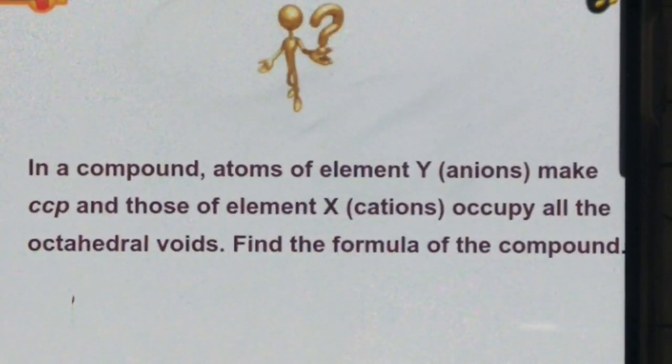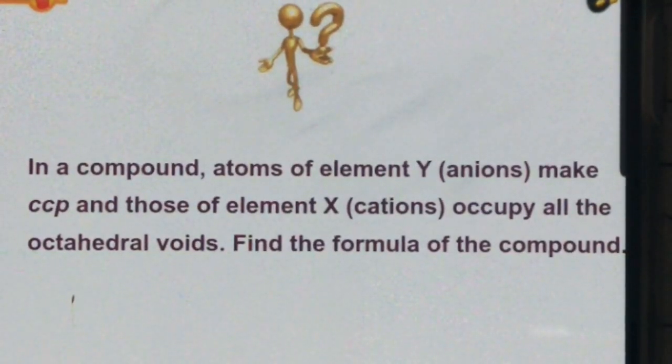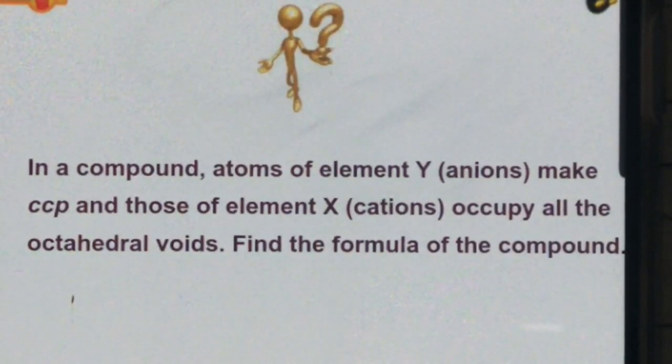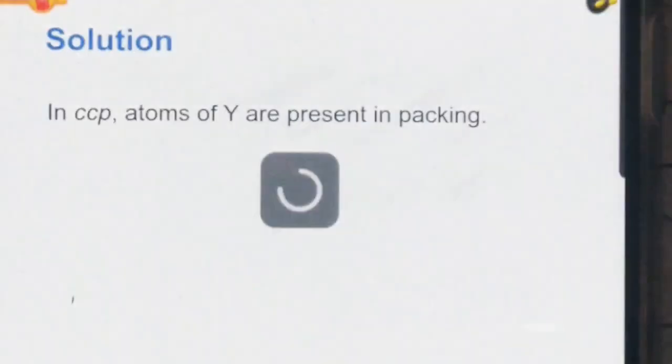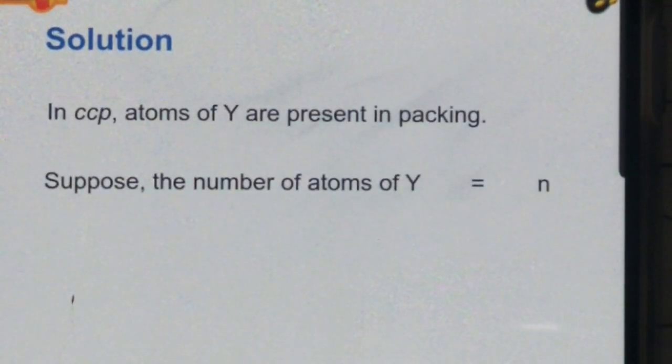Now, let us solve this problem. In a compound, atoms of element Y, which are anions, make CCP, and those of element X, which are cations, occupy all octahedral voids. We need to find the formula of the compound. Suppose there are n atoms of Y present in packing.